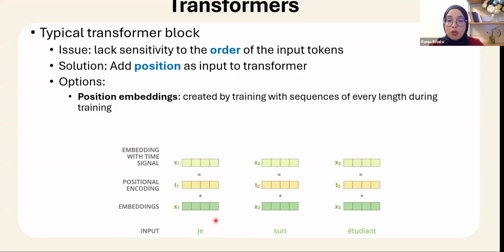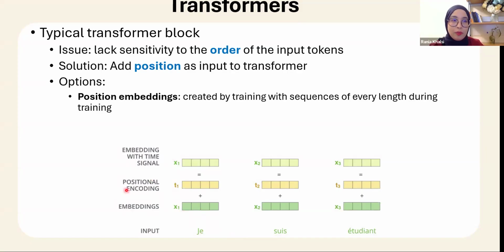Once we obtain the embedding, let's say for a token like "je" here, we do not feed it alone into the block. So what do we add?